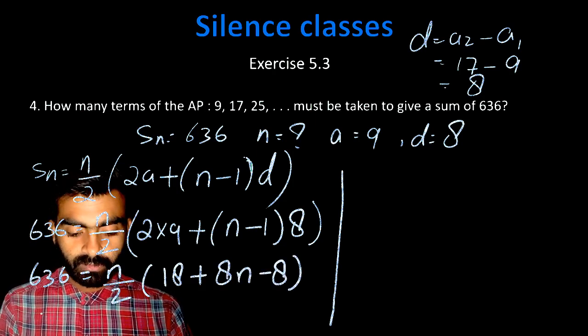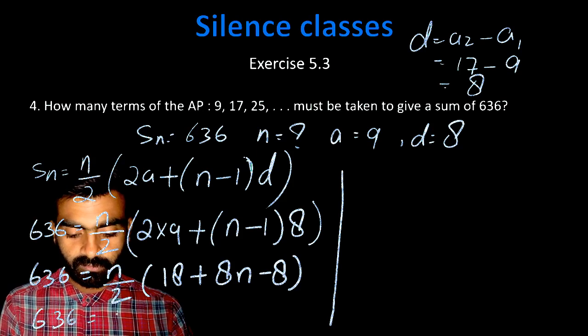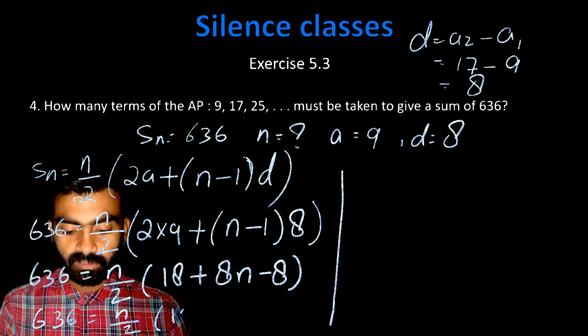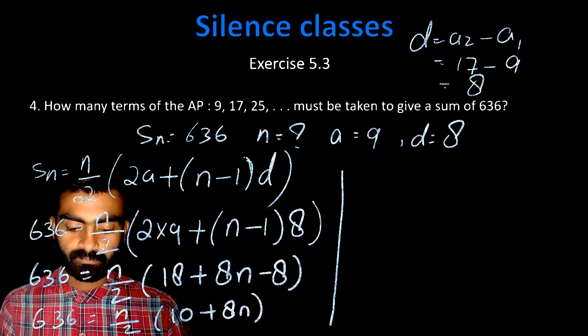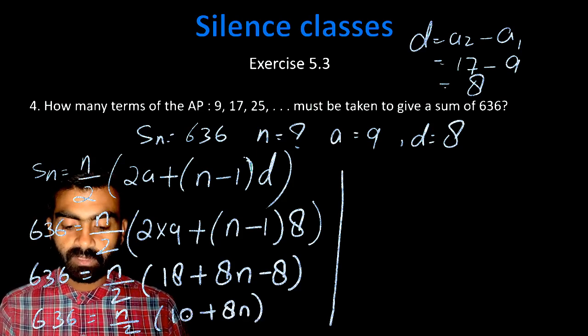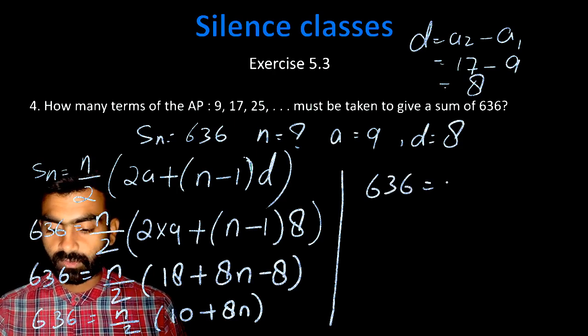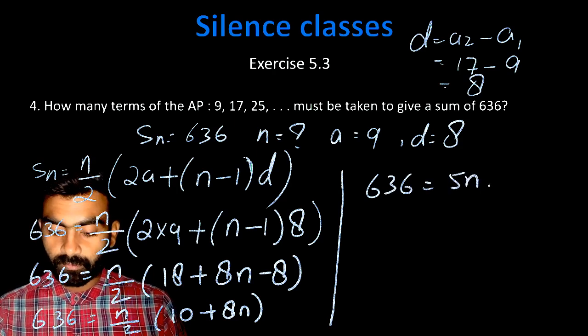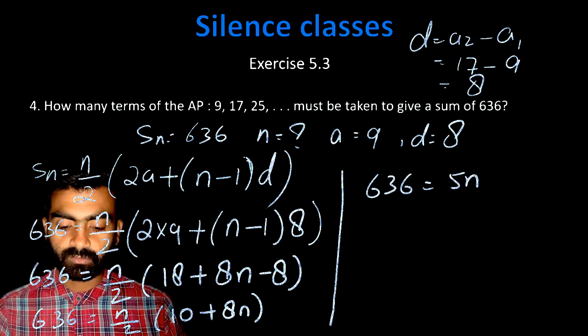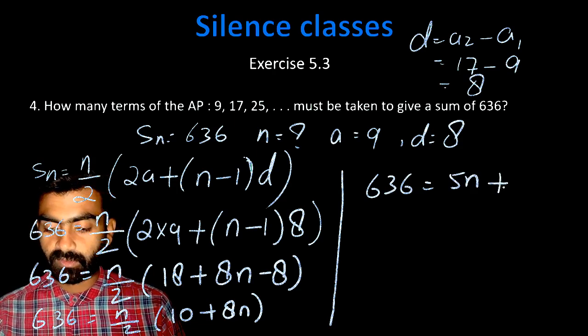So 636 equals n upon 2 times 10 plus 8n. Once we multiply, we get 636 equals 5n plus 4n square.